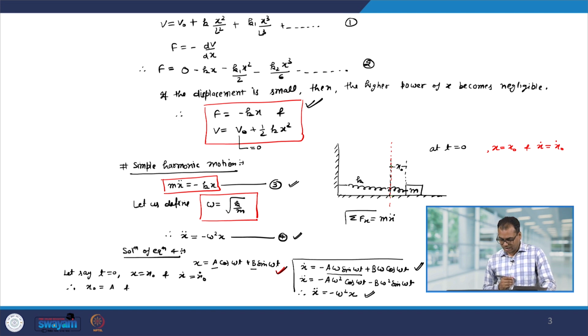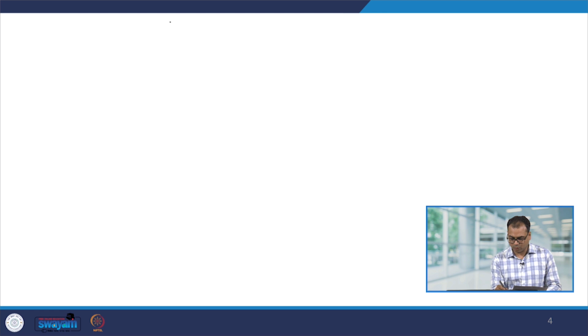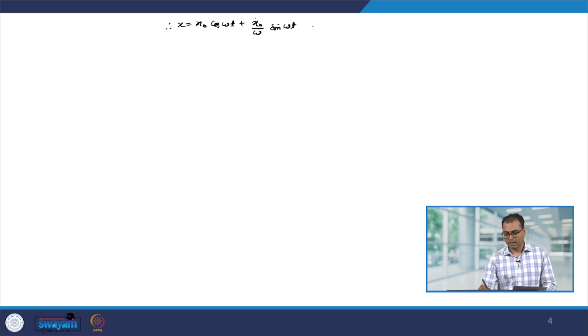So, therefore, we have x naught dot equal to b into omega, and put this in the solution. So, we have x equal to x naught cos omega t plus x naught dot over omega sin omega t. Let us call this as equation number 5.